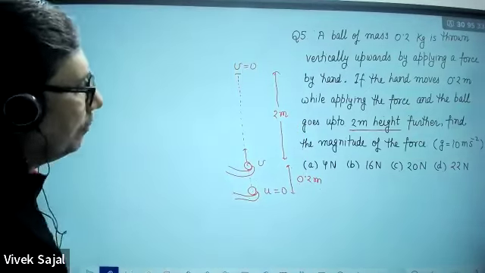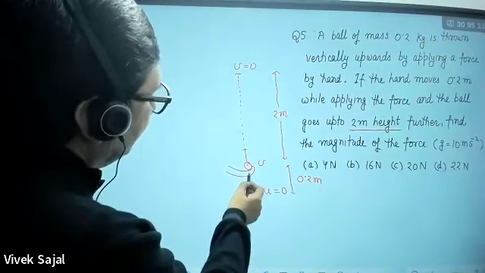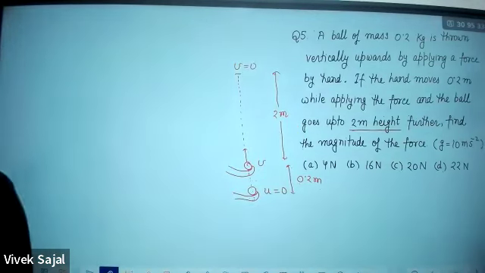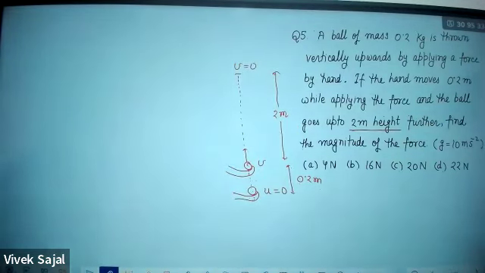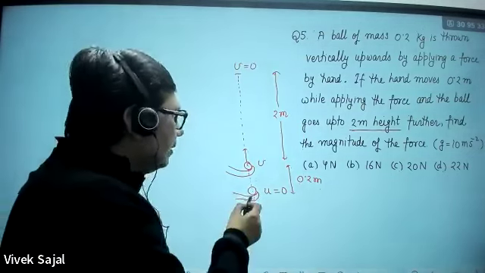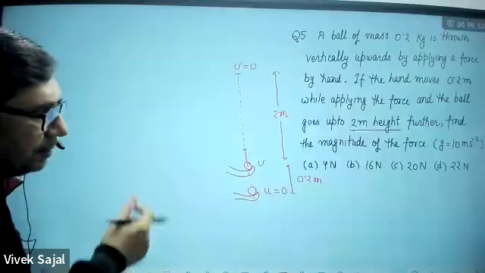You have to find out the force applied by the hand during this journey from here to here. What is the magnitude of the force? Now I have made it simpler for you. Please try. Even after this, there is a thing that you have to understand.